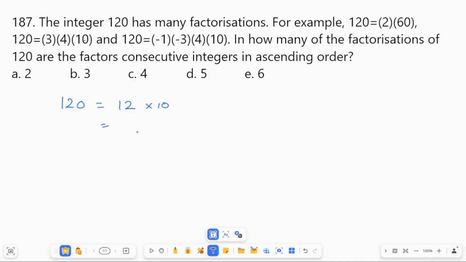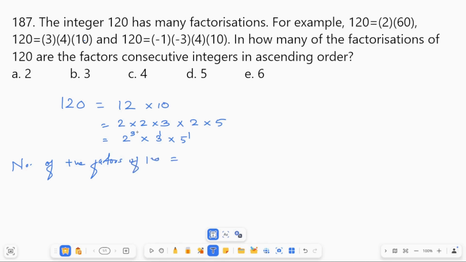12 can be factorized again, and we can write it as 2 times 2 times 3. 10 can be written as 2 times 5. Now altogether it becomes 2 cubed into 3 to the power 1 into 5 to the power 1. Now let's write the formula for the number of positive factors of 120.